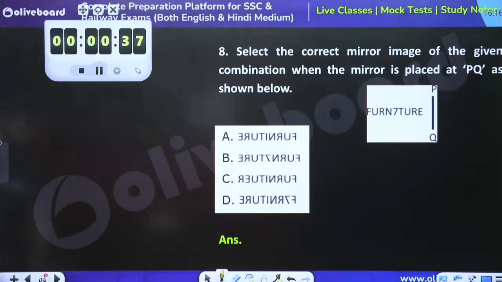Furniture, mirror image. Correct. Yes, Chinmay.